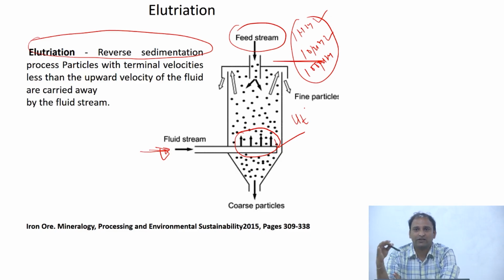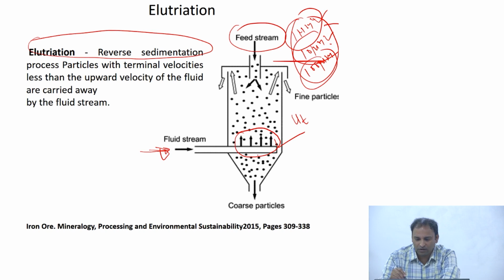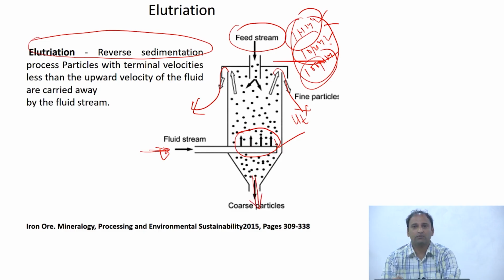If I want to separate out 100 micrometer particles from this mixture, I maintain a fluid stream velocity that is larger than the settling velocity of the 1 micrometer and the 10 micrometer particles. When the fluid stream goes up, the smaller 1 and 10 micrometer particles come out of the container, and the larger ones sediment out.